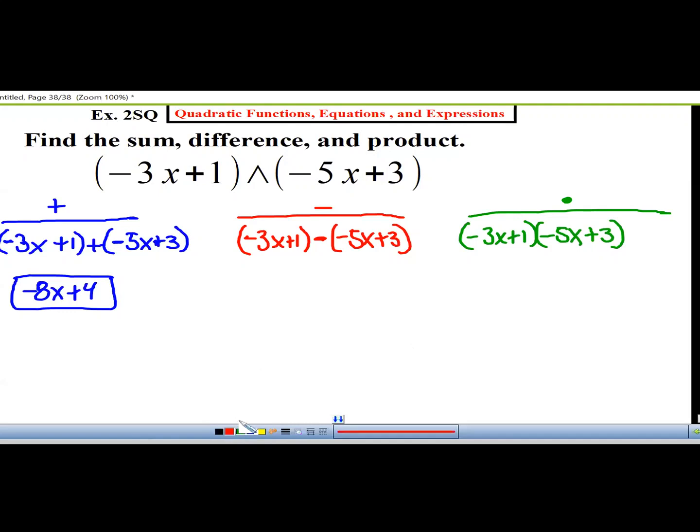What'd you get for the difference, Esmeralda? 2x minus 2. Hands, have you got that? That is correct, yes. For those of you that didn't get that, remember you need to distribute to both terms of the binomial to the right of that negative sign, okay? Product, what'd you get for the product? Let's see.